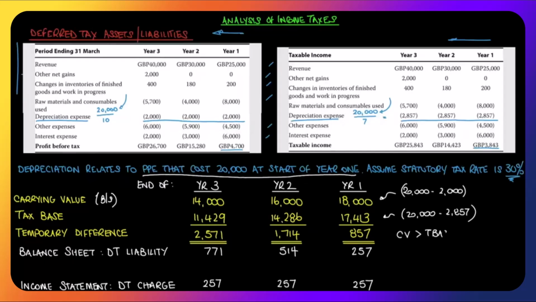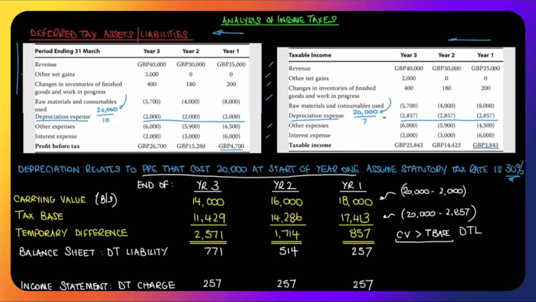than the tax base. If the carrying value is greater than the tax base, we have a deferred tax liability. That's the rule for assets. To think of it another way, as I mentioned earlier, we have been given more tax expense this year than accounting. Tax depreciation expense was higher than accounting.